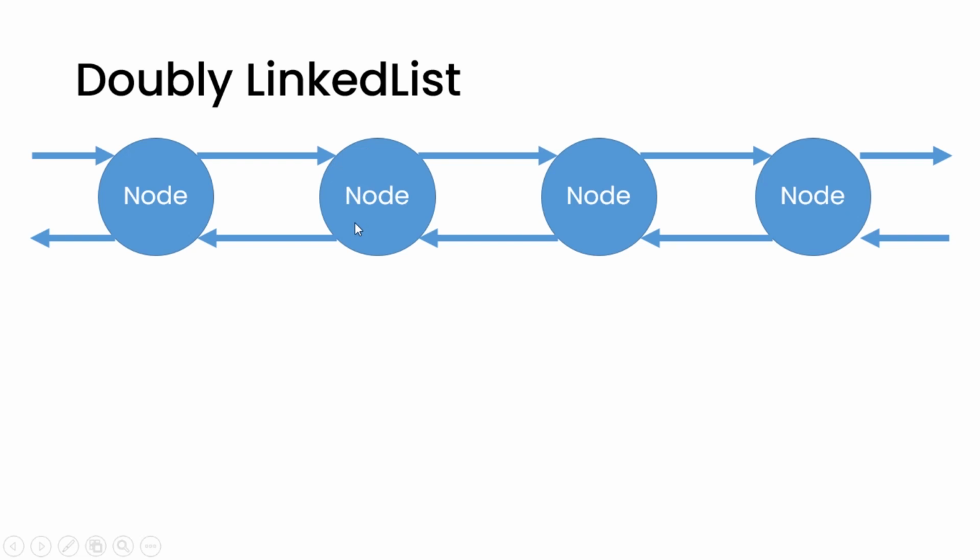This node can go backward to the previous node and can go to the next element, and the next element can also go backward and can also go forward. And this is how a double linked list works. It can go forward and it can go backward, and so on and so forth until we reach the point where the next element is just empty, which is null.